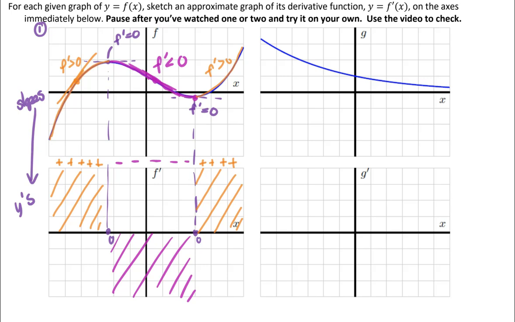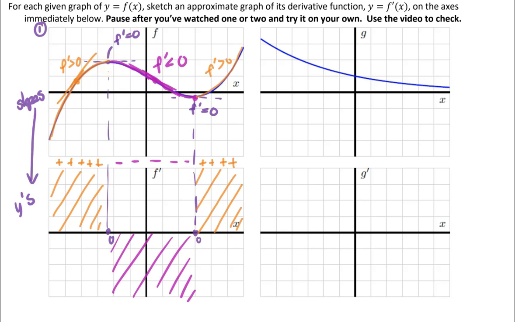From here, try to get it even a little bit more detailed. So as I work my way along this curve, I'm just going to go left to right. I start with fairly big slopes, and those slopes are getting smaller as I go. The tangent line's flattening out until I hit the maximum where my slope is 0.